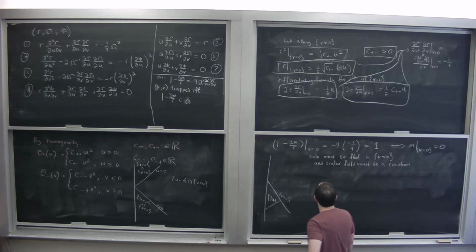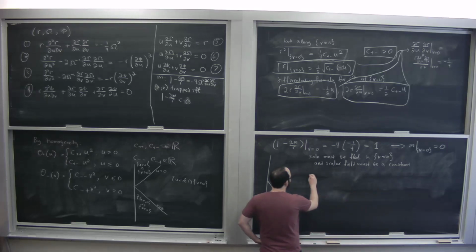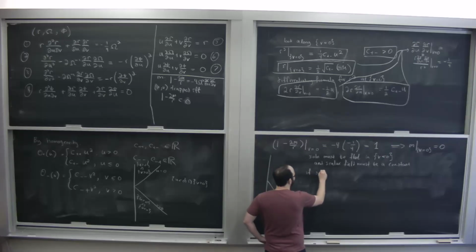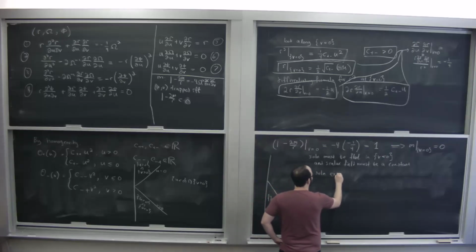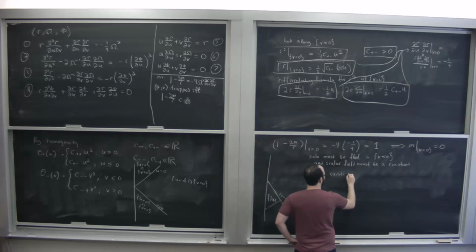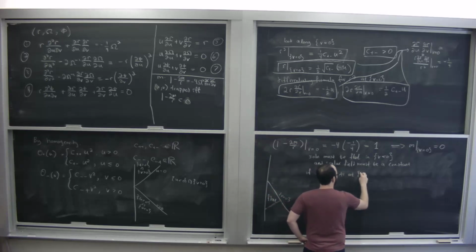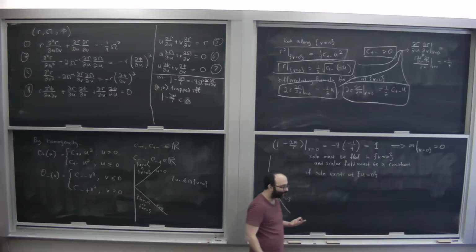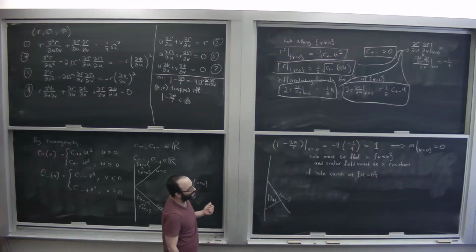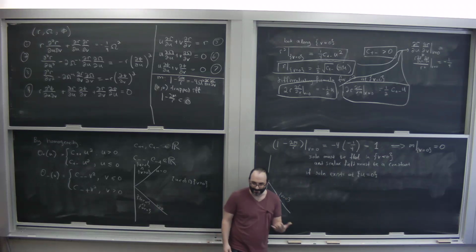And it turns out that if the solution exists at u equals 0, which we don't know, it's kind of strange that you're able to do this analysis without even having solved for the scalar field or anything.